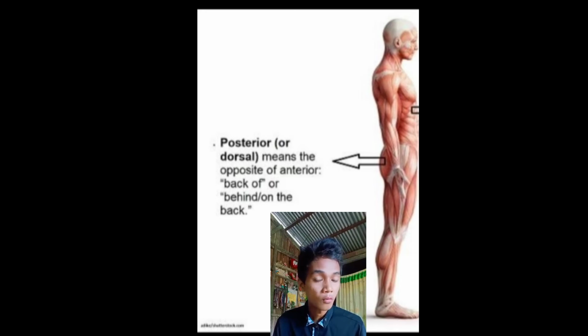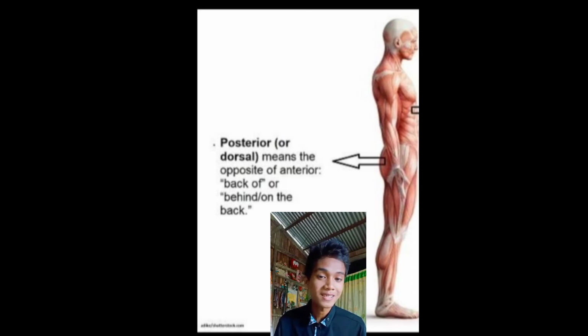I will give you a few different examples of posterior. Example number 1, the heart is posterior to the sternum. Why? Because the heart is behind the sternum, in the back position of the sternum.